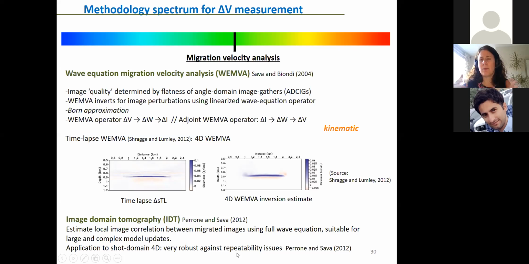Just for those who are not familiar with it, when you're conducting baseline and monitor surveys, you put a lot of effort to deploy sensors and sources at exactly the same locations. This is a case of a method that can address any type of mismatch between sources and receivers.